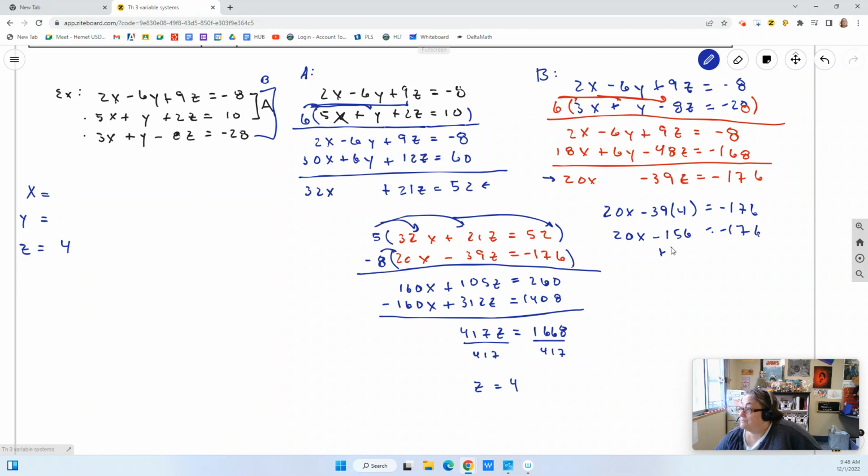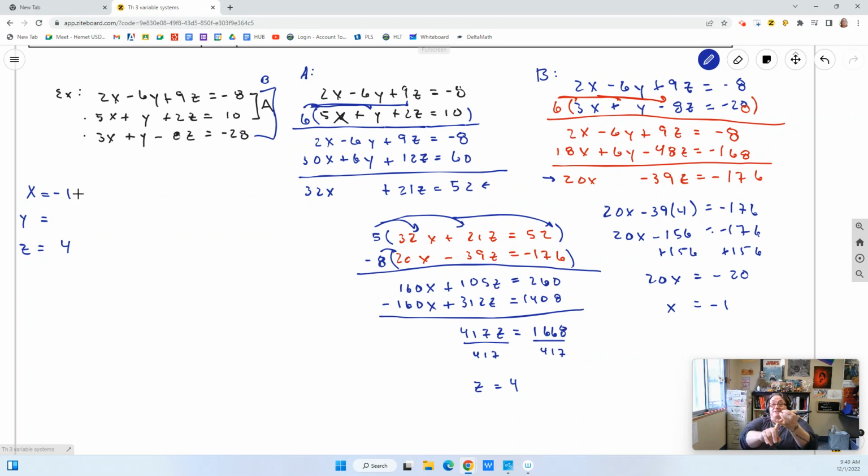And I can add 156 to both sides. And I get 20x is equal to negative 20. And so we can see there that x is just going to be equal to negative 1, right? We divide that out, x equals negative 1.